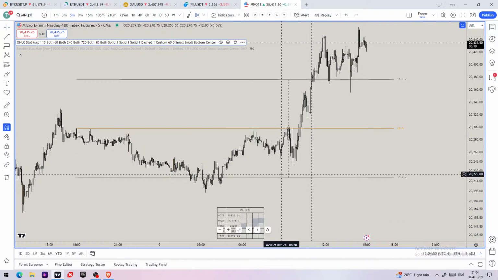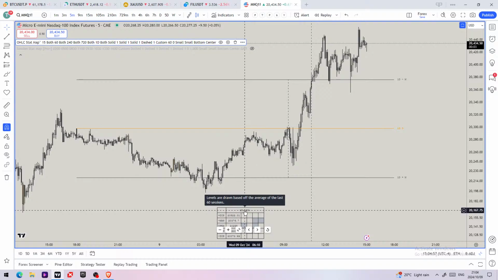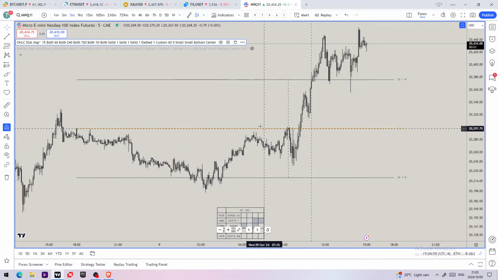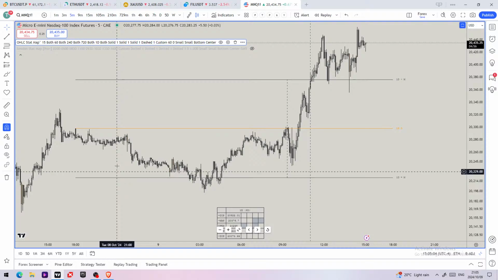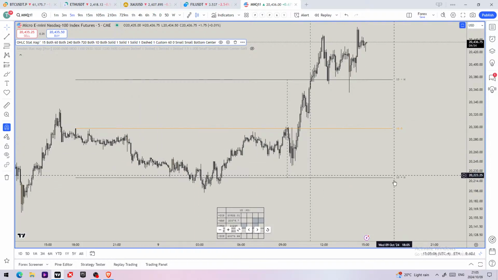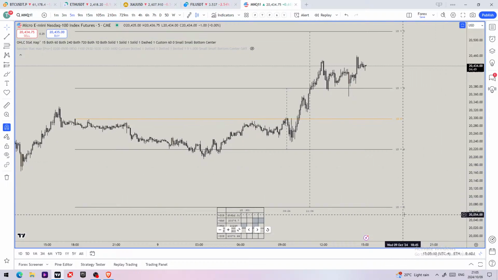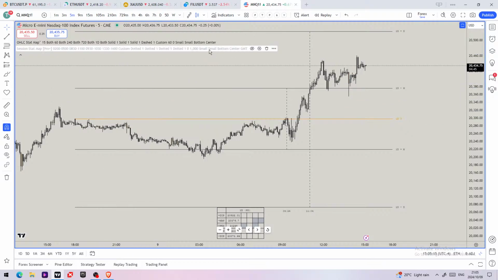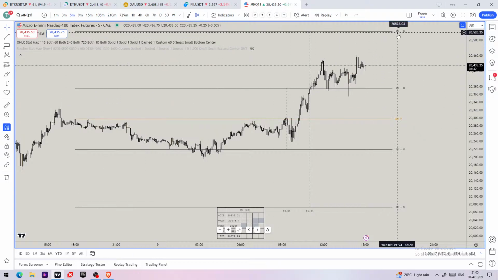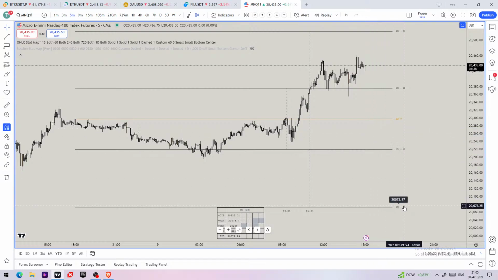And what that does is you have a little box down here and it tells you how far back in terms of daily sessions this has looked back to spit out the statistical manipulation, M levels, and statistical distribution levels away from the open, above manipulation and distribution, and below manipulation and distribution. Does that make sense?